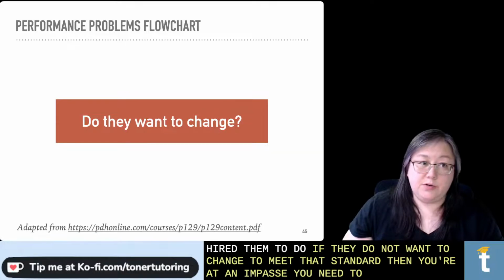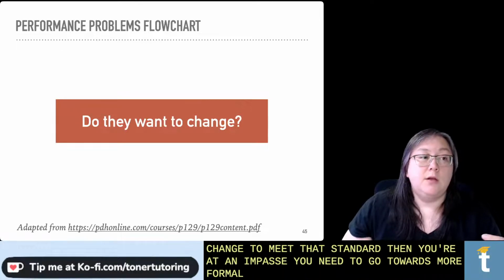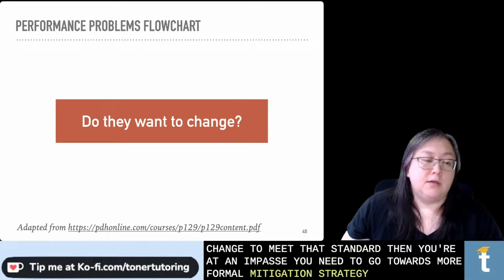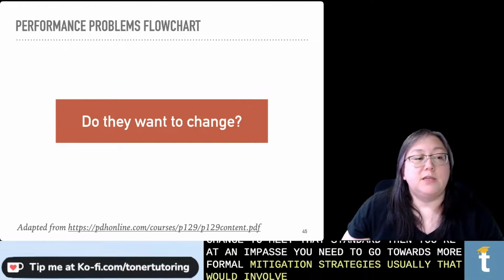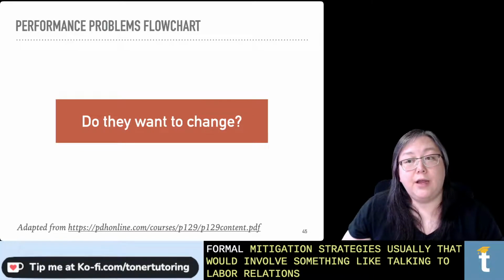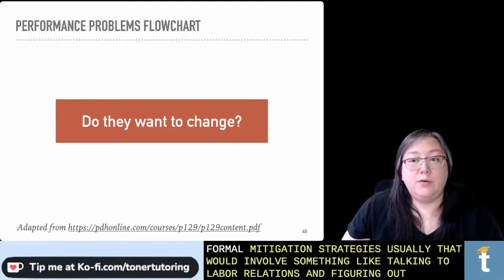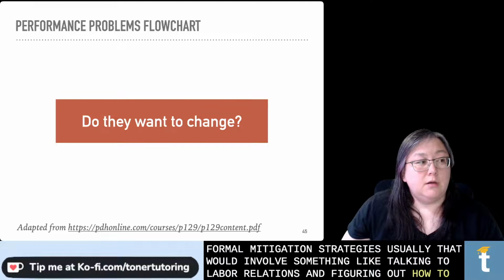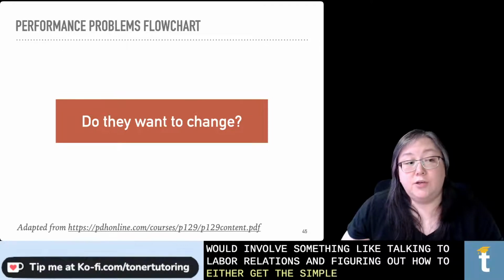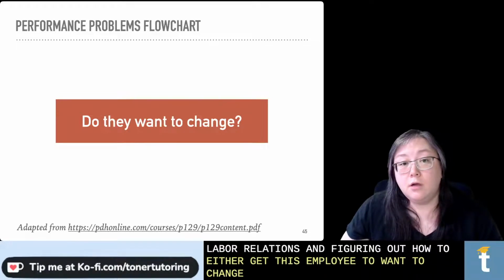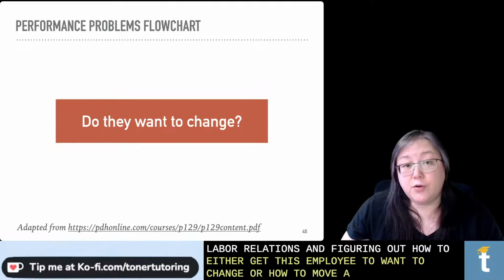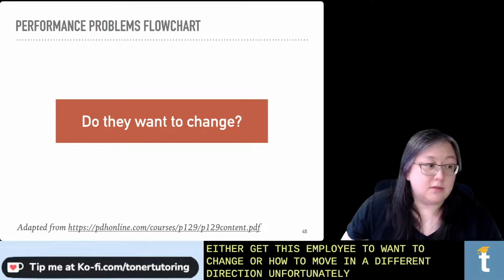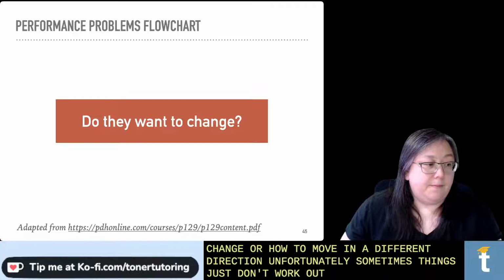You need to go towards more formal mitigation strategies. Usually that would involve something like talking to labor relations and figuring out how to either get this employee to want to change or how to move in a different direction. Unfortunately, sometimes things just don't work out.